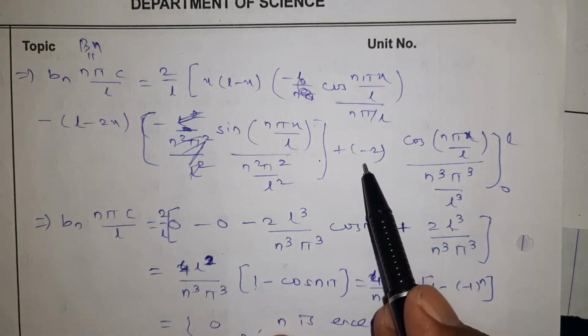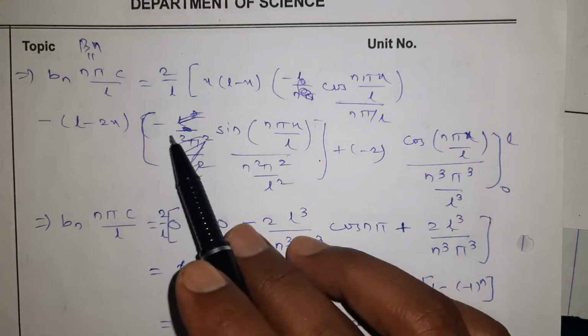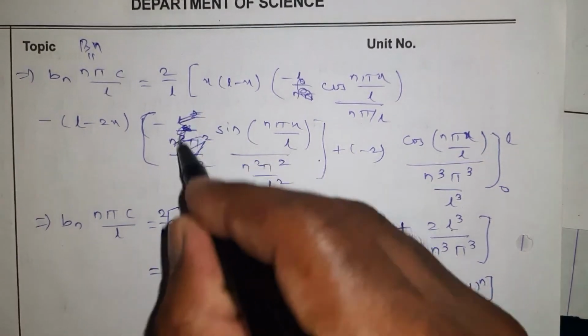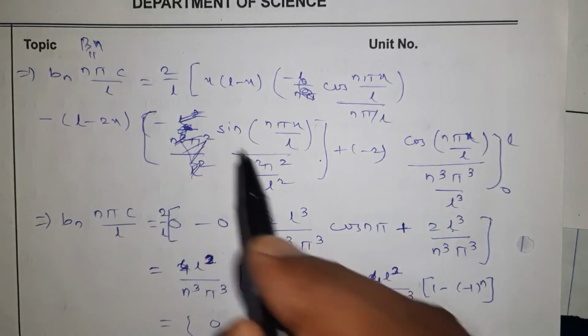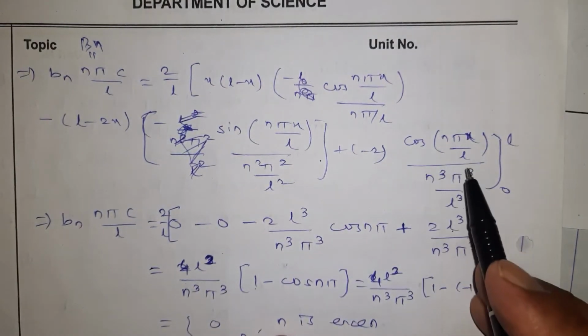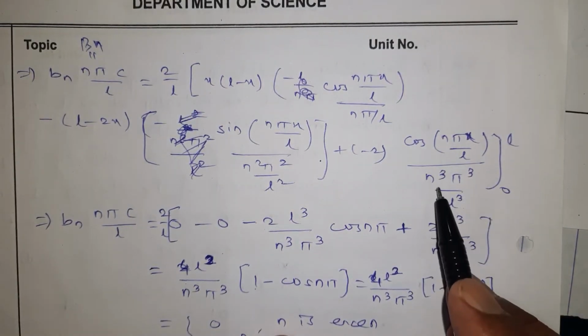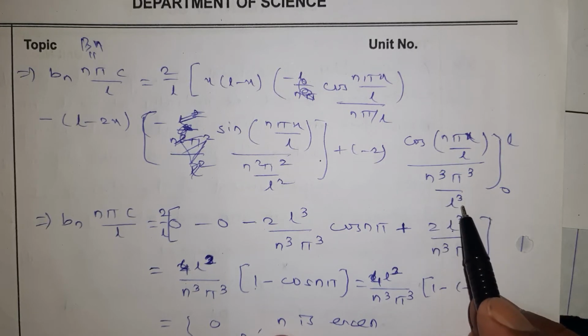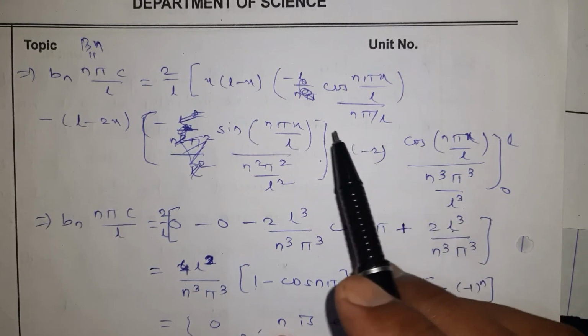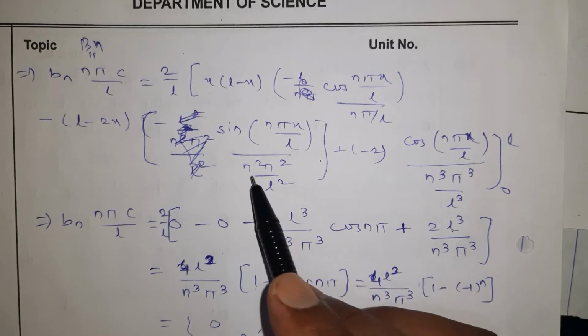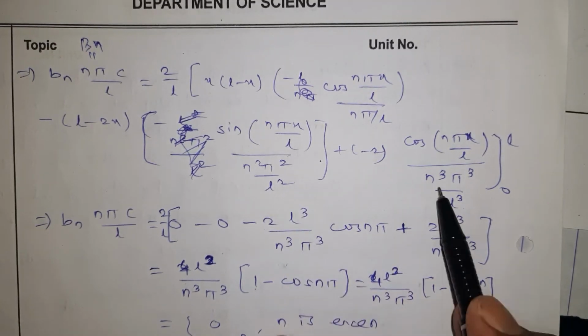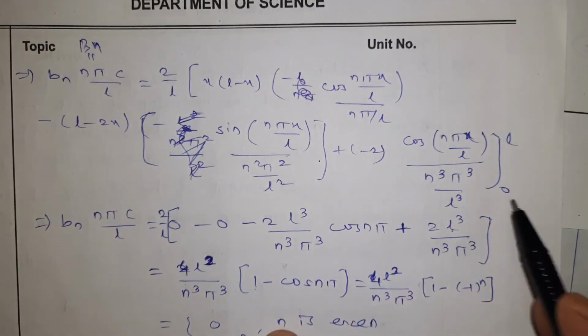Minus 2. Then here, integration of minus sine is cos n pi x upon L, then n cube pi cube upon L cube. Each time just increase: n pi upon L, then n square pi square upon L square, n cube pi cube upon L cube. Limit 0 to L.